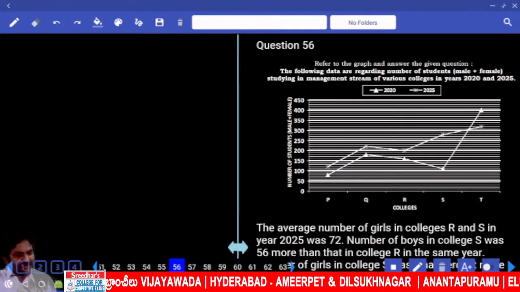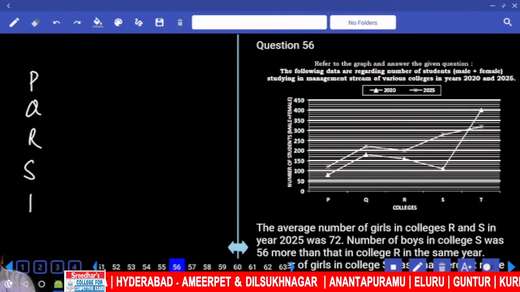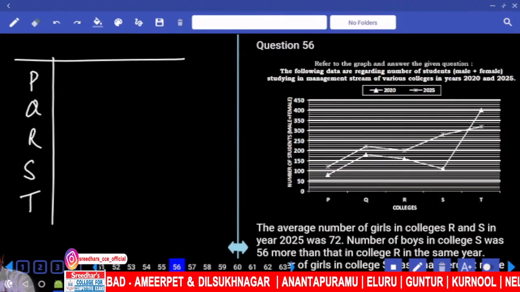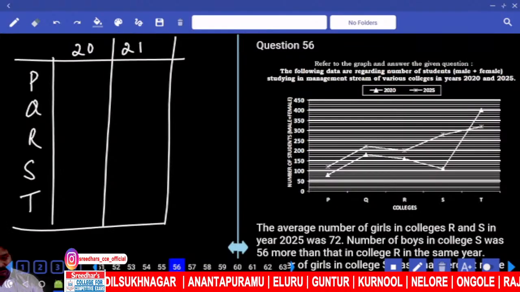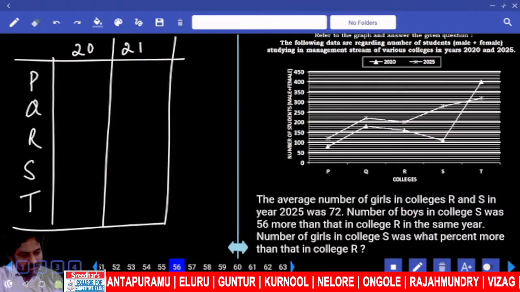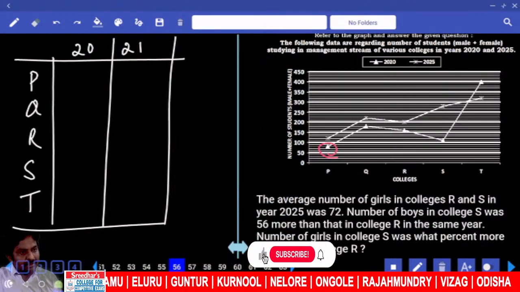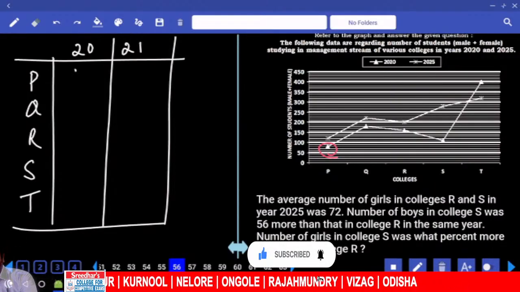2020 to 2025, colleges P, Q, R, S, T. Because numbers are not represented, we were forced to do it. 2020 triangle in shape. How much is that? 80.